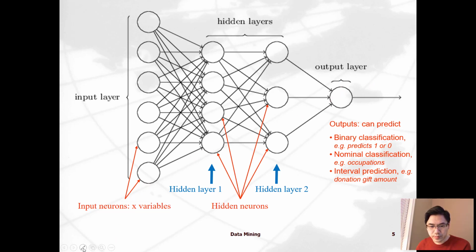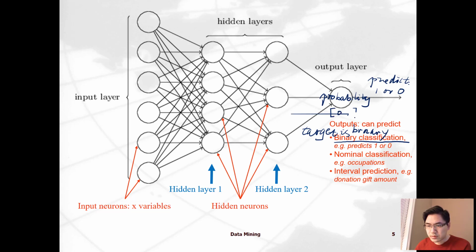So let me take a note here. Typically, if it's a binary classification problem, if the target is binary, then the prediction will be 1 or 0, but the output layer will first calculate a probability between 0 and 1.